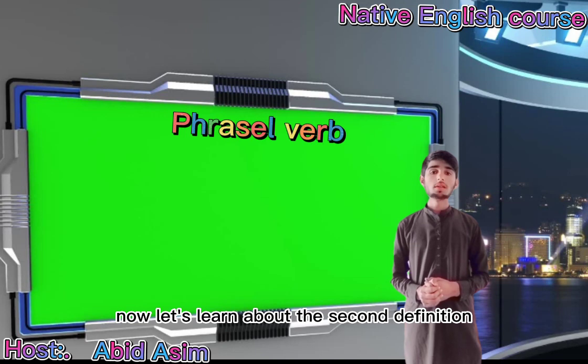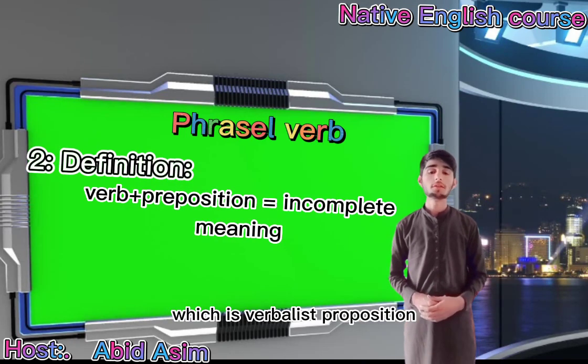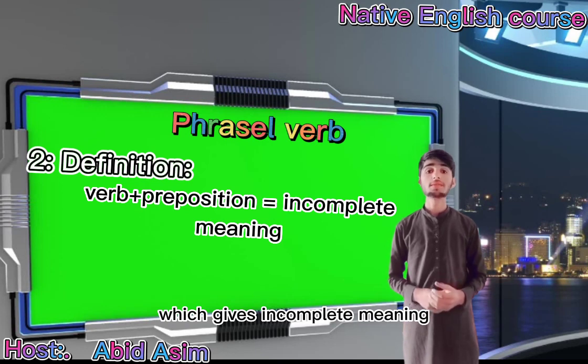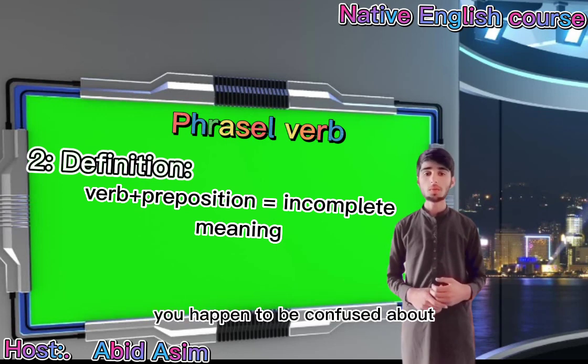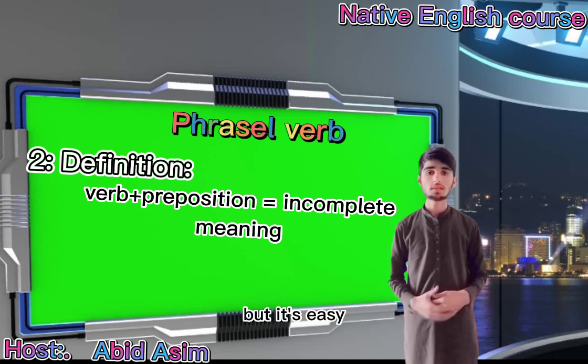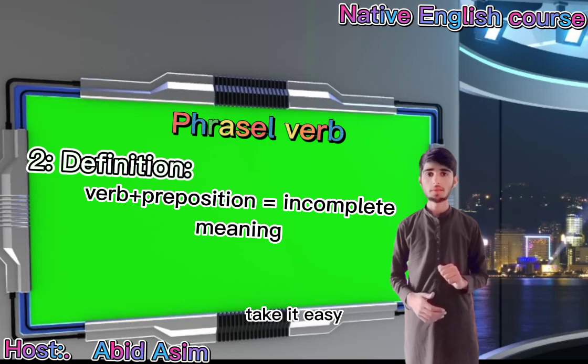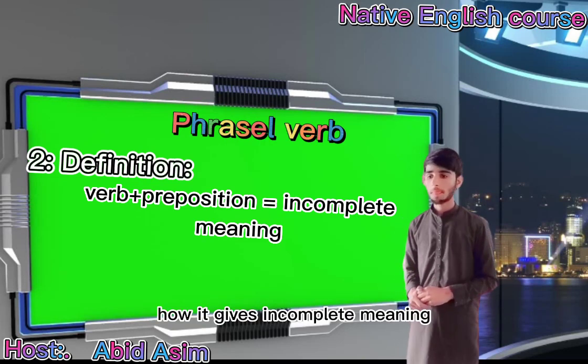So now let's learn about the second definition, which is verb plus preposition which gives an incomplete meaning. It's a little bit tough, but it's easy. You don't have to be confused about it. Take it easy. For example, how does it give an incomplete meaning?